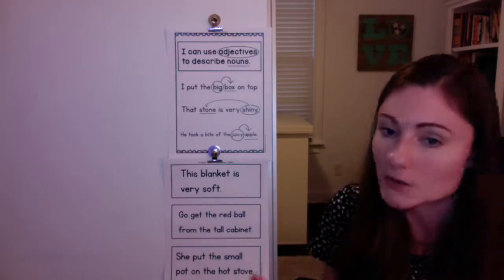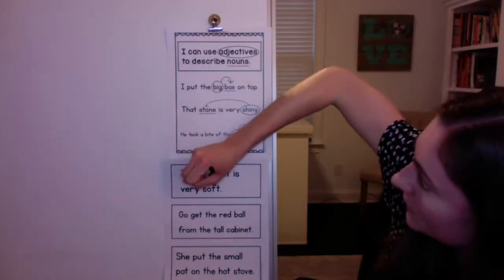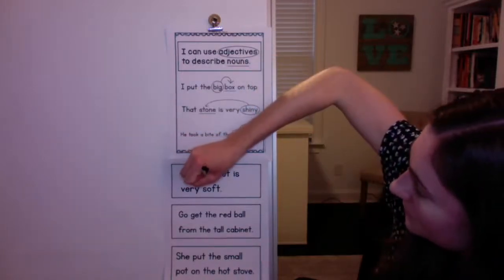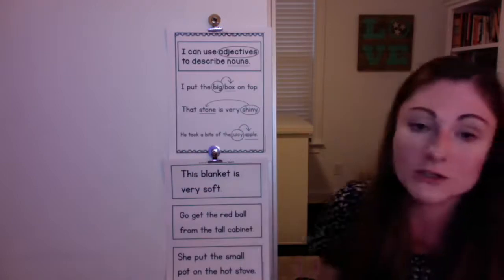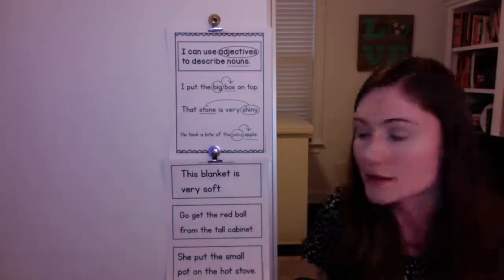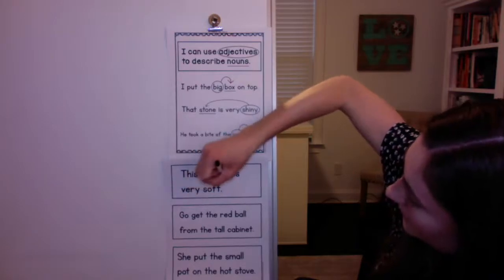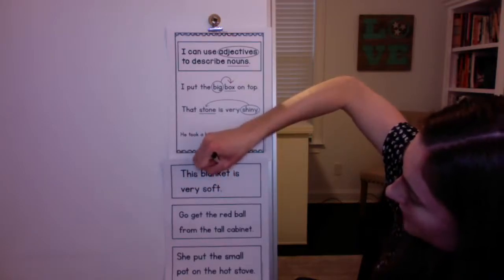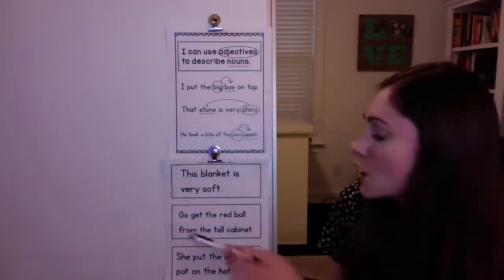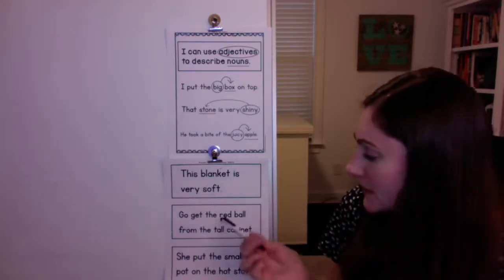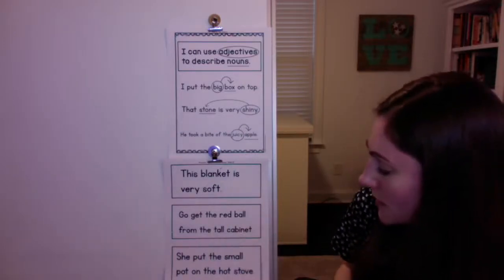noun? So we're going to underline the noun. And I'll say, okay, what word describes blanket? Soft. So we're going to draw a circle and then draw a little arrow to show that soft is describing blanket. We would do that for the following sentences as well. There's more than one adjective here.